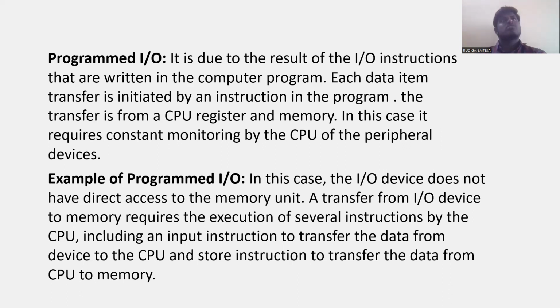Transferring the data from the CPU to memory does not have any direct access, but requires several instructions or commands by the CPU. Through the commands of the CPU, the data will be transferred from the CPU to the memory.